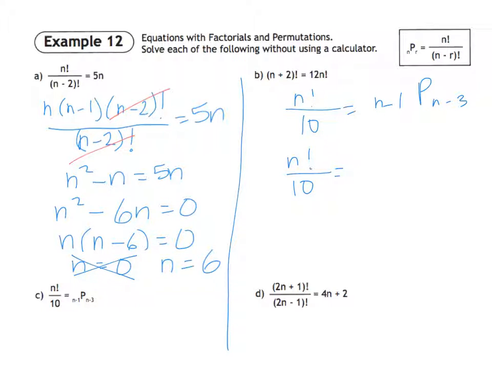n minus 1. So I'm going to go (n minus 1) factorial over, and then again n minus 1, but what's r? Minus (n minus 3) factorial. I somehow need to simplify that.